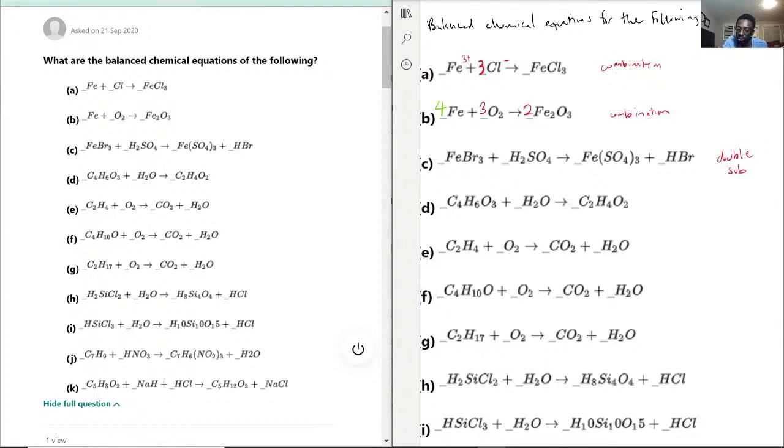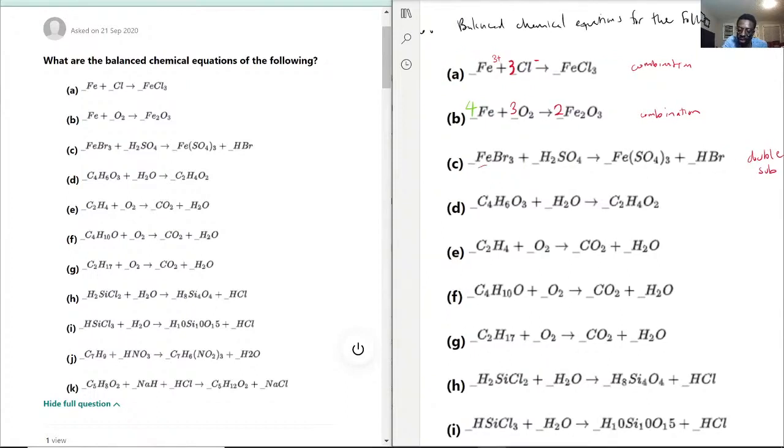Because you notice that it was FeBr3 and H2SO4, but now they both switch their partners in a sense. So we have the SO4 here, right? But now we have 3 of them here. So we need at least 3 SO4 here. But because it's H2, right? We need 6 hydrogens in total. So there we go.